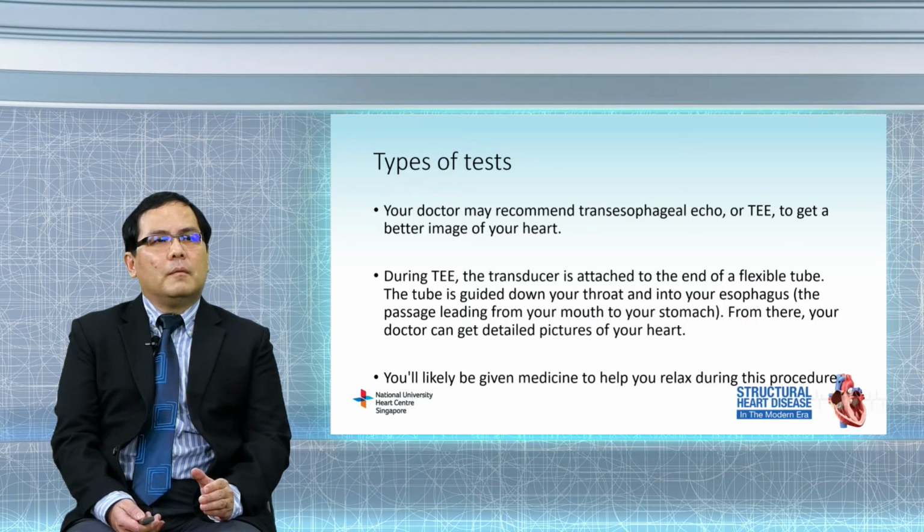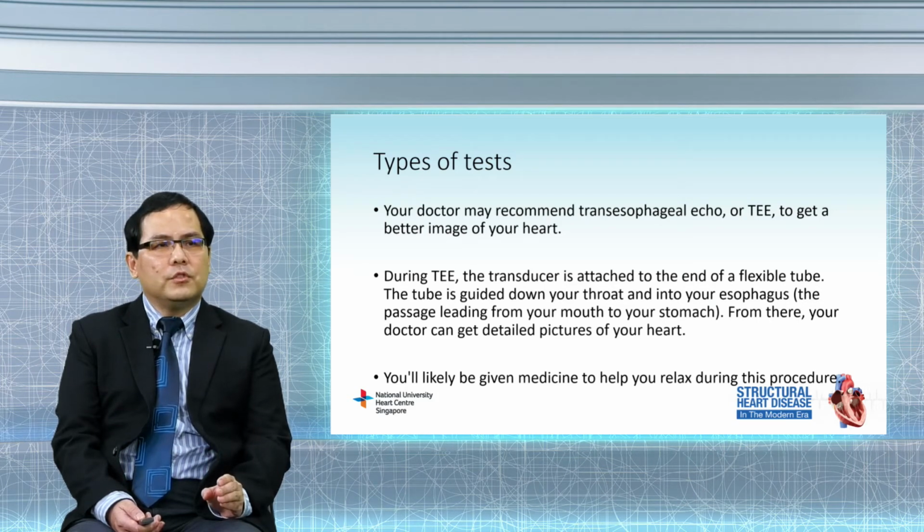So apart from echocardiography, chest X-ray, or ECG, the doctor may also recommend a transesophageal echocardiography, or what we call TEE, which is a specialized, semi-invasive test to get a better image of your heart. During the TEE, the transducer of the echo is attached to the end of a flexible tube.